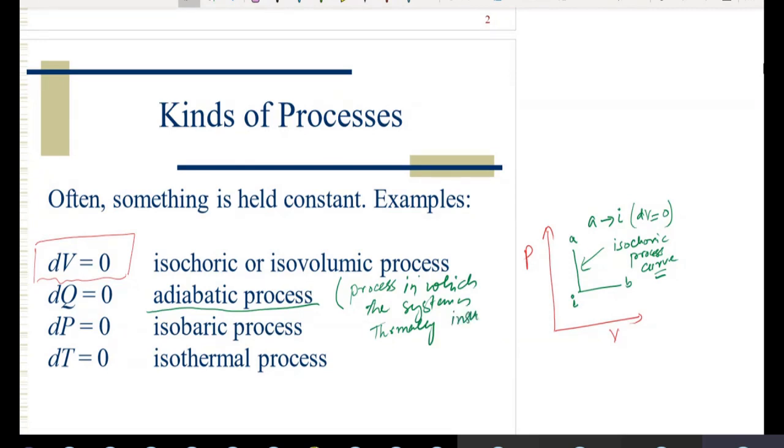So, for example, you have thermos bottles at your home in which you keep tea or coffee or water, sometimes cold water, and the walls of the thermos bottle are insulating, so no heat can escape or enter into the system. So this process is called an adiabatic process. We will do several examples of this process during our course.